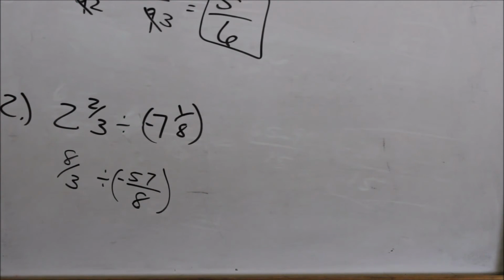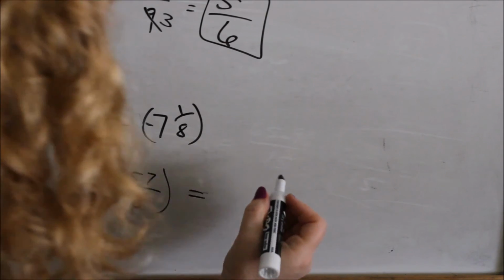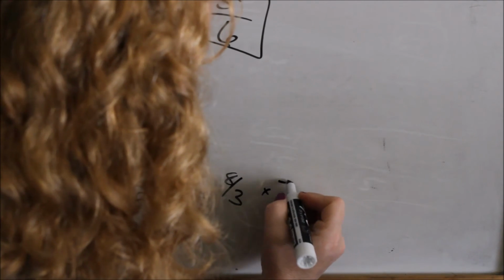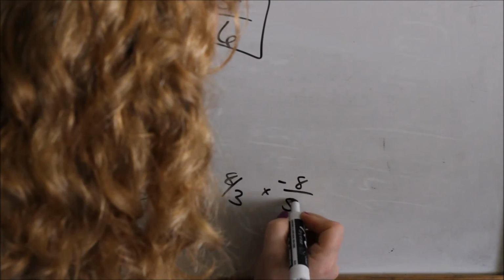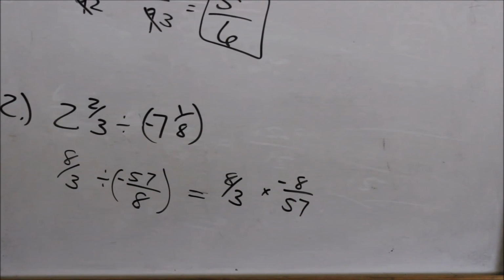Okay? Now, do your rule of division. When dividing, take the reciprocal of the second one and multiply. So you have 8/3 times the reciprocal of the second one, which just flip it over, still leaving your negative there. Now you look to see, can anything cancel?